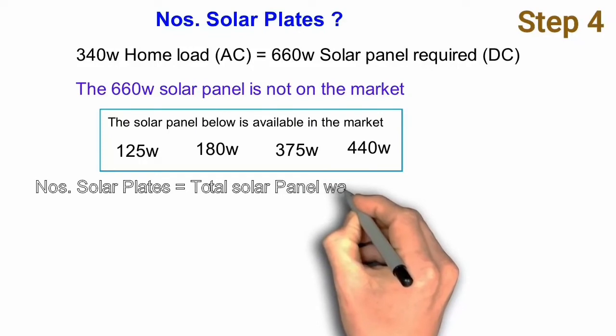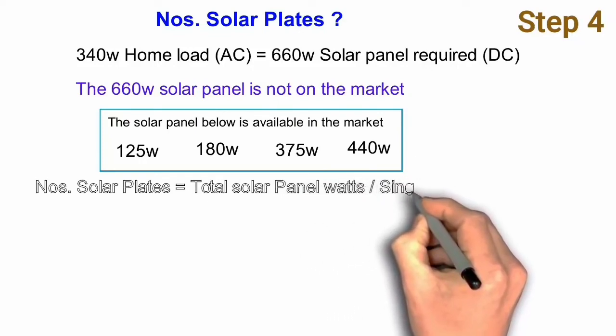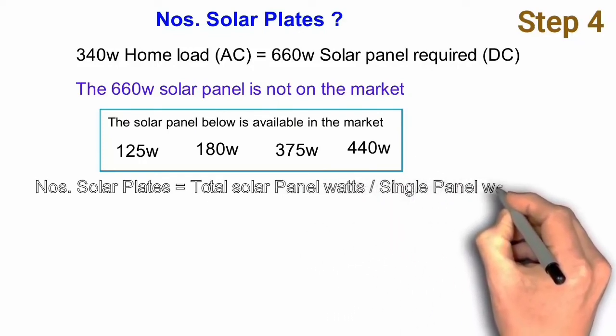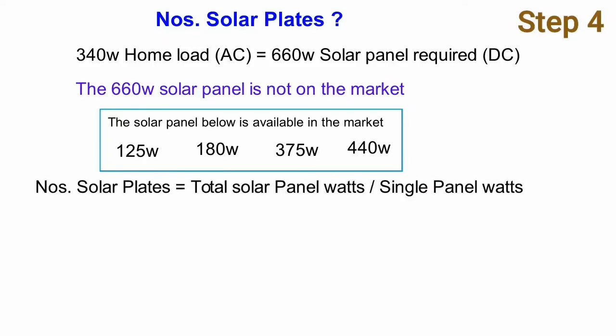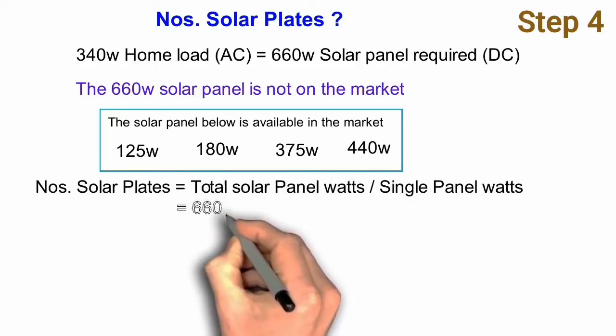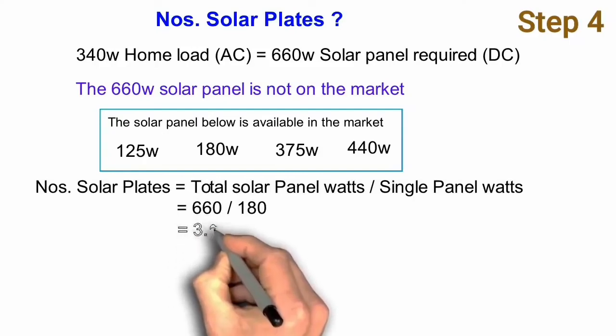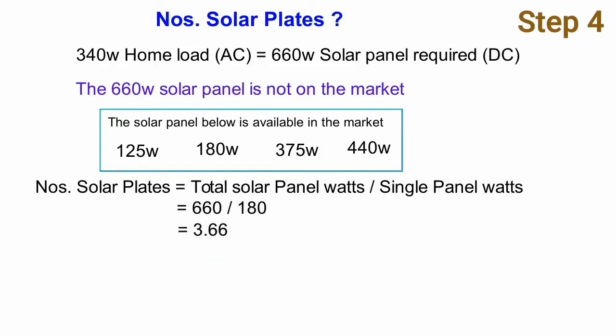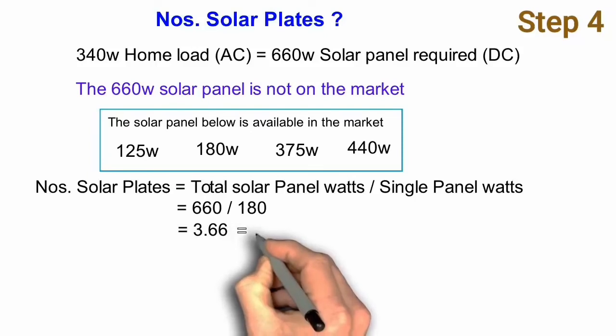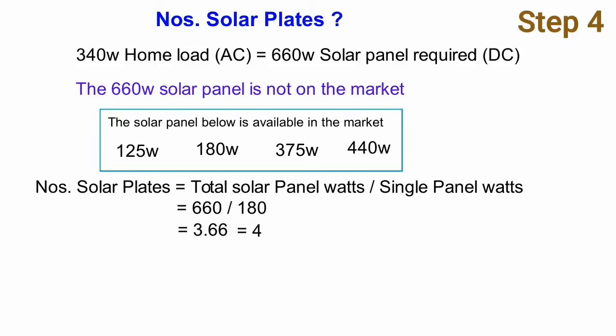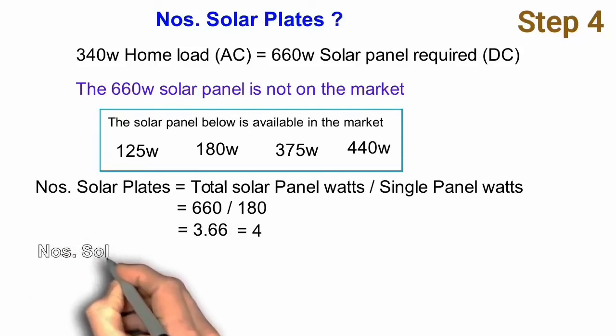The total number of solar panels is the total solar panel wattage divided by a single panel's wattage. This is just a rough way of achieving it. You could divide the 660 watt by, say, 4 and so on, and you get a value, and that way you know how much you need.